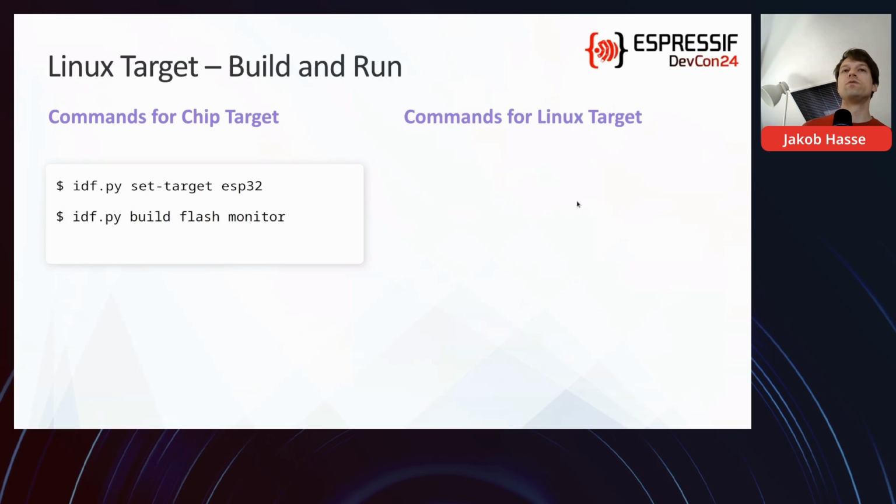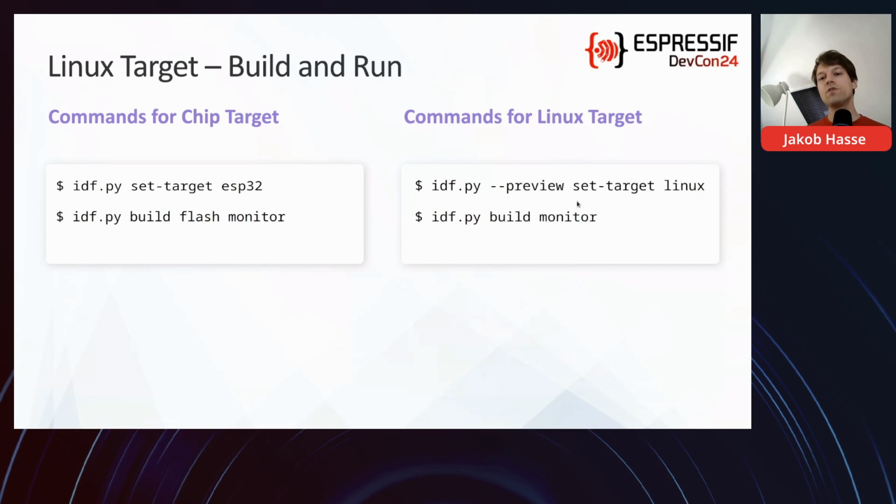If you want to build and run applications on the Linux target, you first of all need to use the preview switch for the set-target command, because the Linux target is still in preview. Then it will set the target like for any other chip. Then you call idf.py build monitor. There's nothing to flash here, so you do not need the flash command.